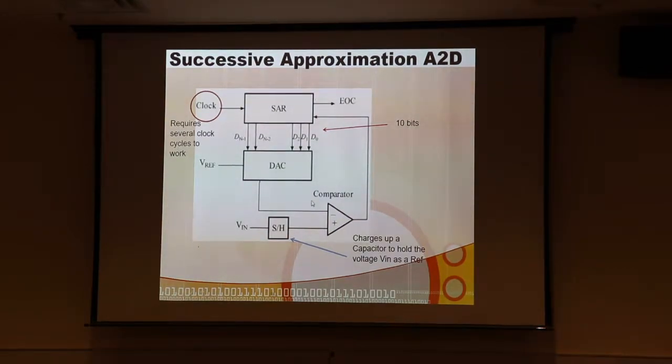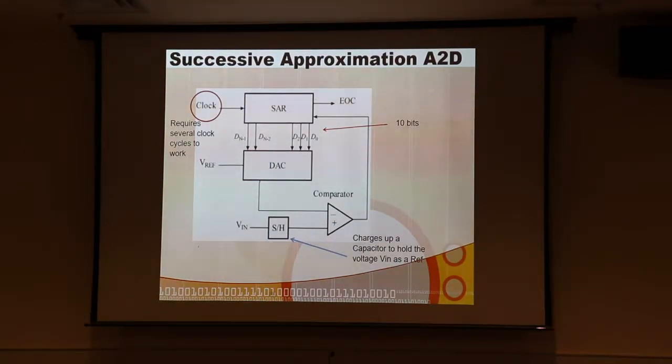And on the other side, we have this successive approximation register driving a DAC, a digital to analog converter. And interestingly, even though the DAC on our chip is only 5 bits, this DAC is 10 bits. We have a 10-bit register here that sends the 10 digital bits into the DAC, and the DAC generates an output voltage proportional to the value of the SAR.